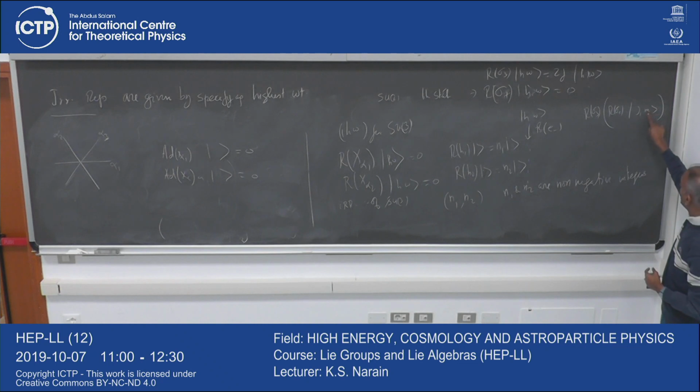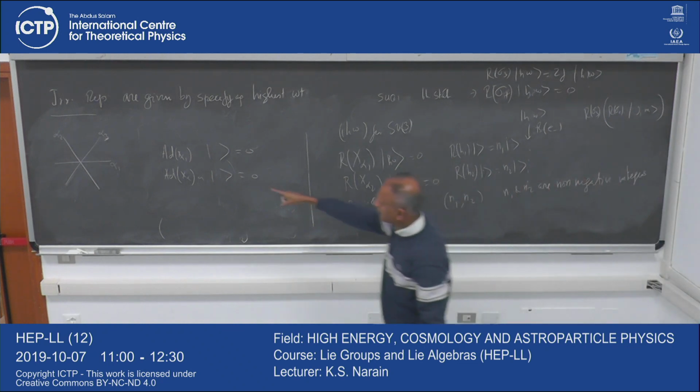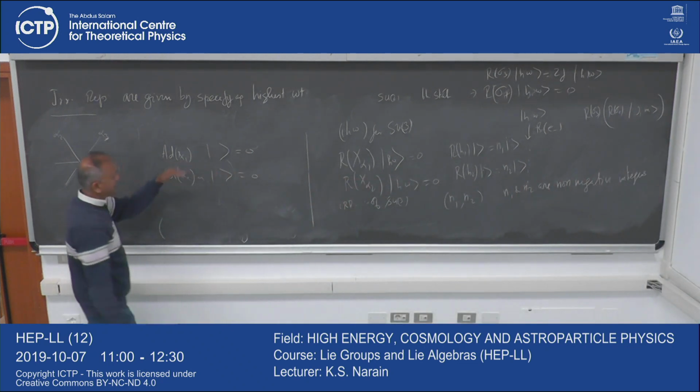It will be n plus 1, because this has eigenvalue plus 1 and this has eigenvalue n. So it becomes additive. The same thing here is going to become additive. Eigenvalues will just add up.